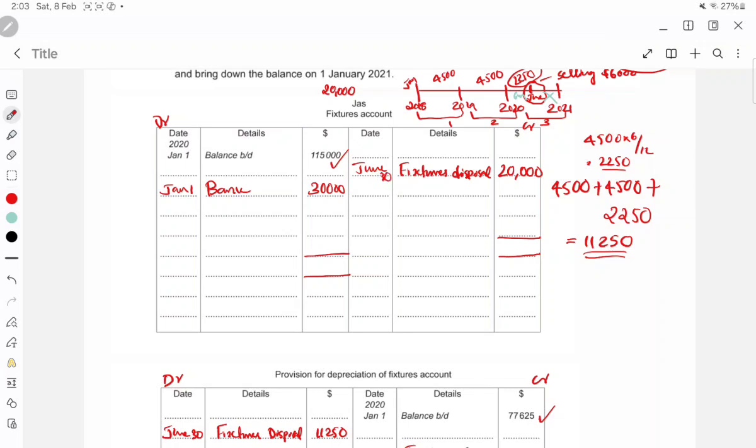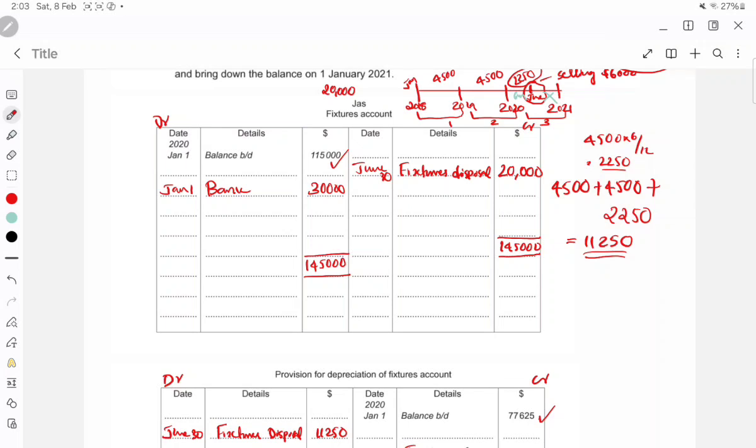The debit side is higher, so the total will be 1,15,000 plus 30,000, which will be 1,45,000. You can take that on both sides, because the debit side is higher. And 1,45,000 minus 20,000 will be the balancing figure.